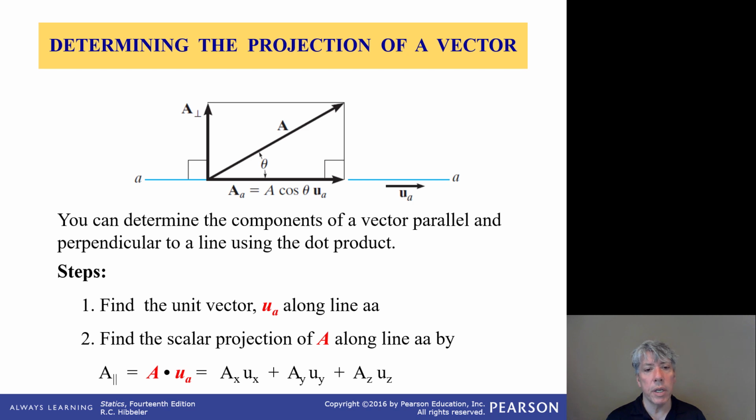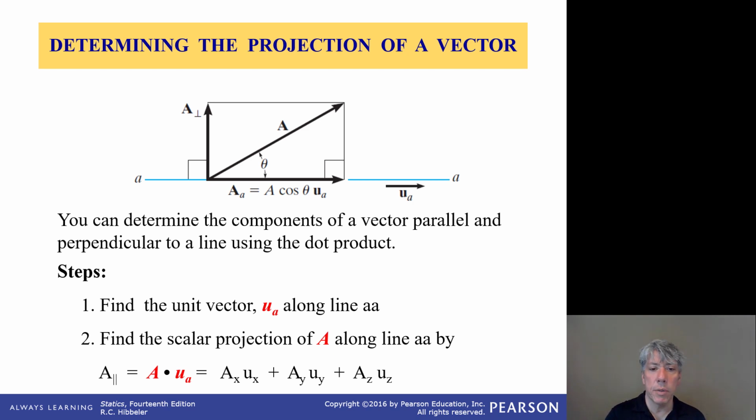And then what you would do is find the projection of the vector A along the line AA. In other words, take the dot product of vector A with the unit vector along the line AA. Basically, calculate the shadow of vector A on line AA. And the way you do that is by simply taking the dot product of vector A with the unit vector uA. And so you see that that's what's been done at the end of step 2.